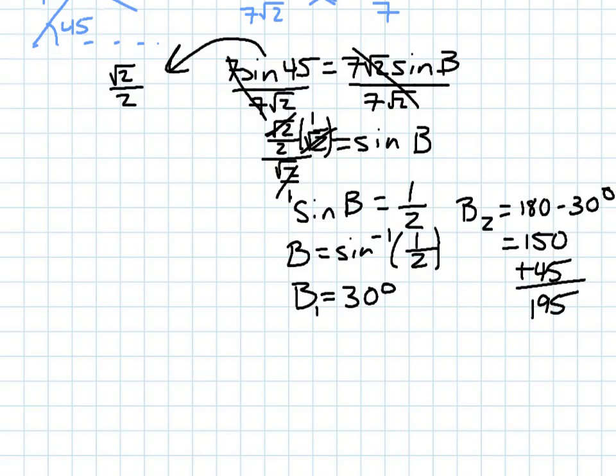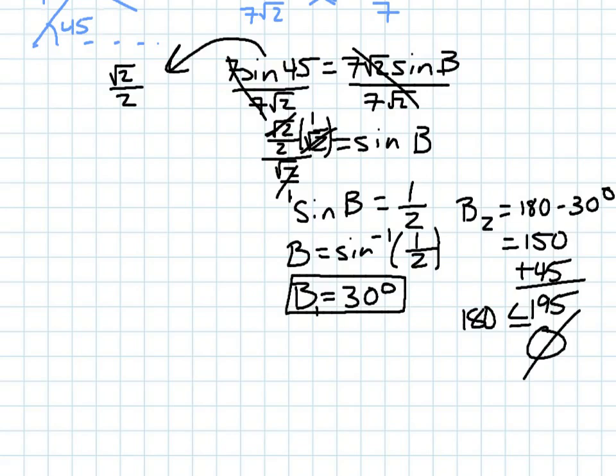So therefore, this is way greater than 180. So this is not a solution. So angle B of 30 degrees is the only possible solution. So then from here, now you can go on and try to solve for the rest of the triangle.